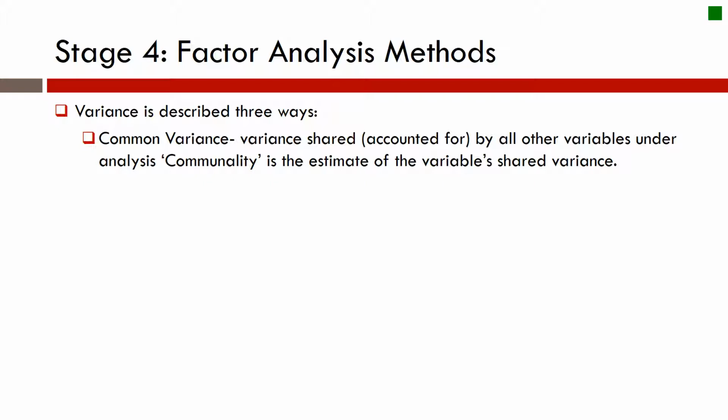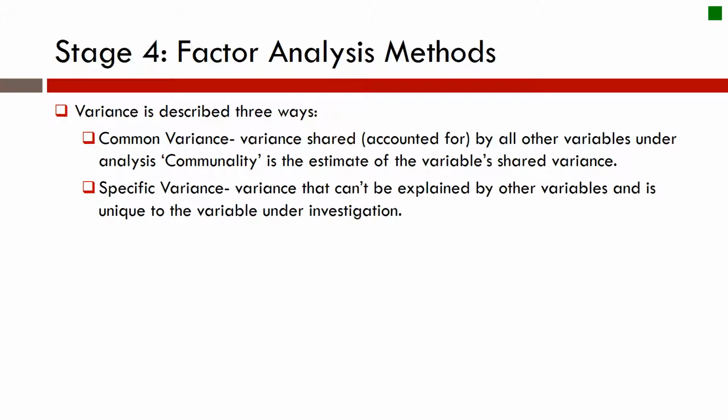So they would share 0.25 variance with each other in that particular case. And that would be the common variance. It's the variance shared or accounted for between variables, the commonality or grouped variance that they have.